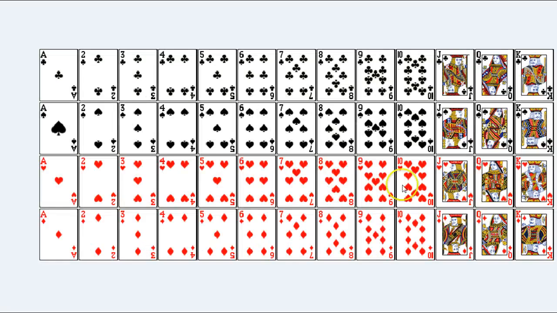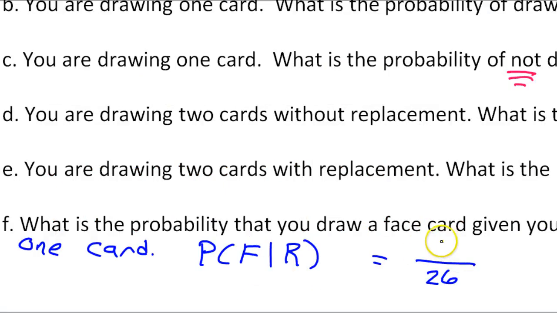Well, of the red cards only, alright, the black cards do not exist anymore. There are 6 red face cards, okay? So in a red card universe, there are 6 face cards out of a total of 26 cards. Okay, so that is how you set it up.